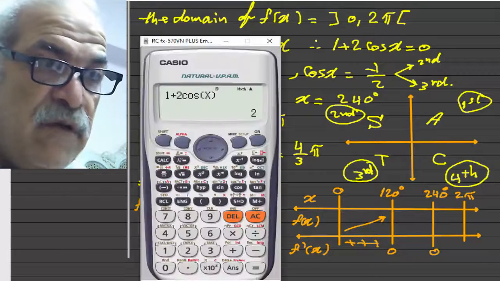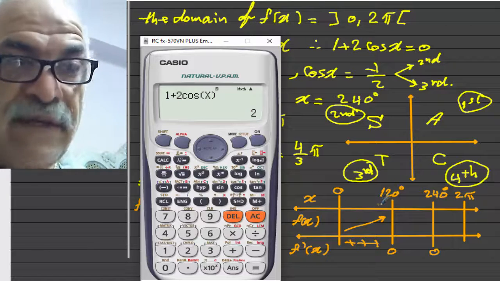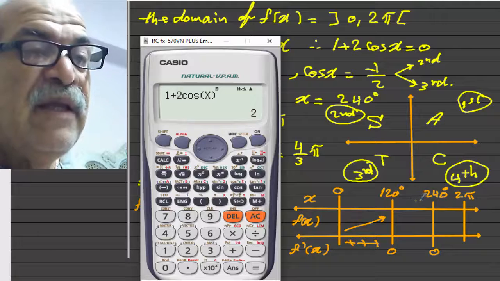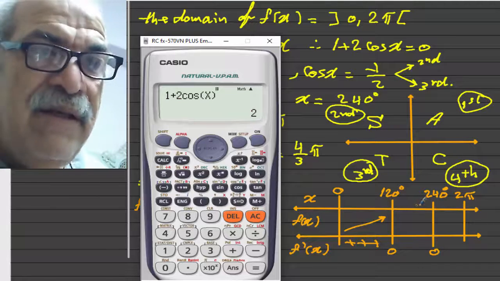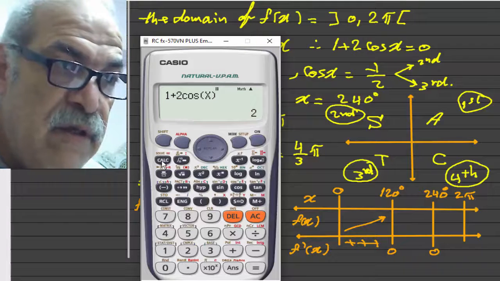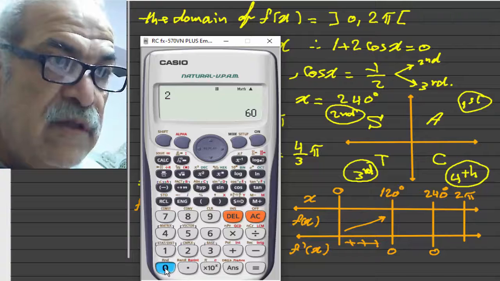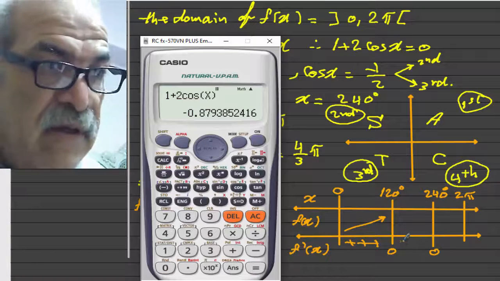And back to the calculator, and I'll choose another value for the angle lying between 120 and 240. You can take any number, like 200. So calculate for x equals 200 degrees, and the result here is negative.